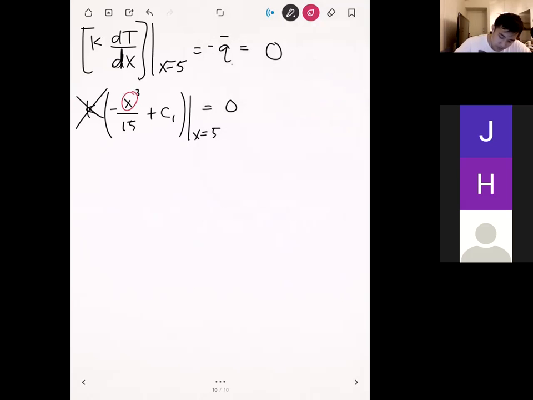So we have minus 5 cubed over 15 plus C1 is equal to 0. What that tells us is that C1 is equal to 125 over 15, which simplifies to 25 over 3.